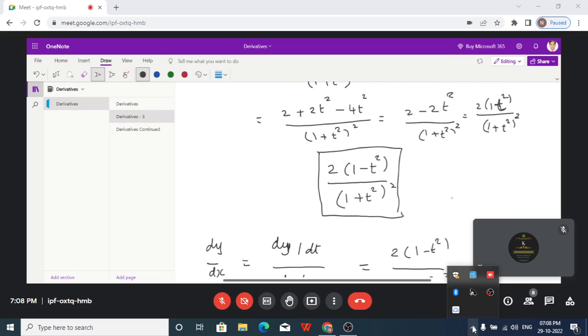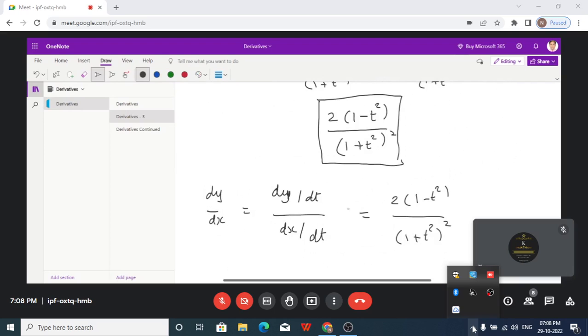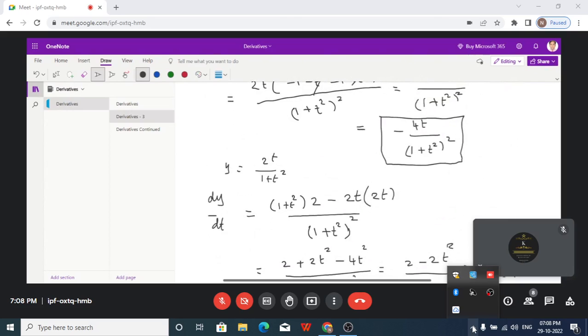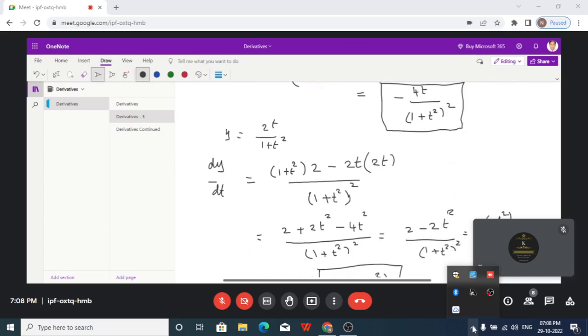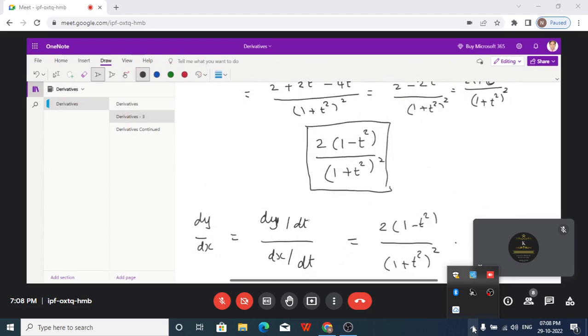That is your dy by dt divided by dx by dt, இல்லையா? அதை நான் இப்போ தலைக்கீழ் எழுதிருக்கேன். Minus 4t by 1 plus t square whole square இருக்கிறதுனால, 1 plus t square whole square, minus 4t.